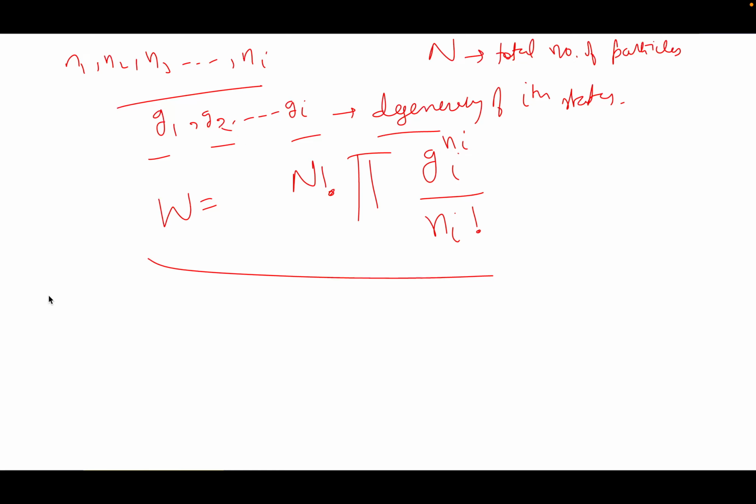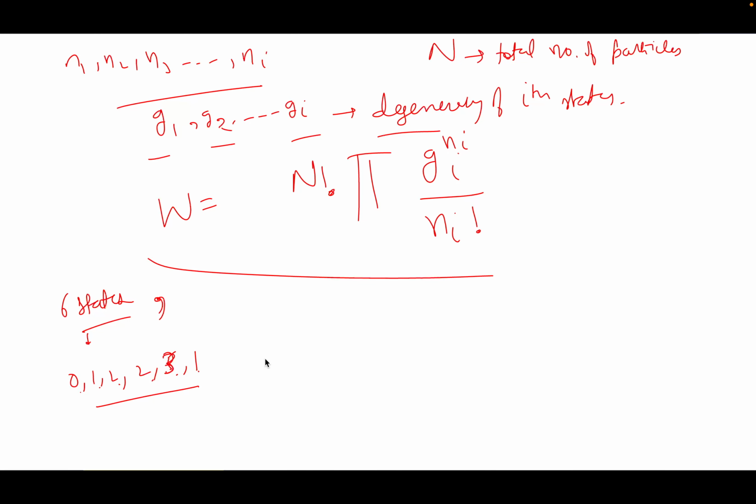Let's solve a question for this conditional problem. Let's say degeneracy is given and also the occupation number is given. Then how do we solve the question? Let's say there are 6 states, and the occupations of the states are 3, 1, 2, 0, 2, 1, for states 1, 2, 3, 4, 5, 6.